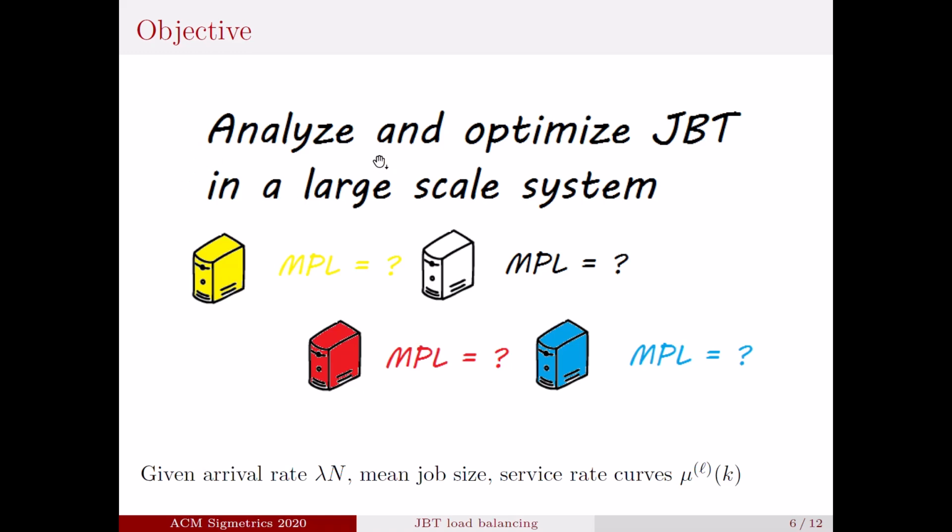When I say analyze, what I mean is that we want to have a simple and fast way to study the queue length distribution and the response time distribution of a job in a heterogeneous system with JBT load balancing. When I say optimize, I'm interested in how to configure those MPL values in those different server types such that, for instance, the mean response time is minimized.